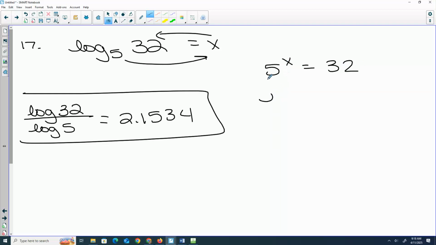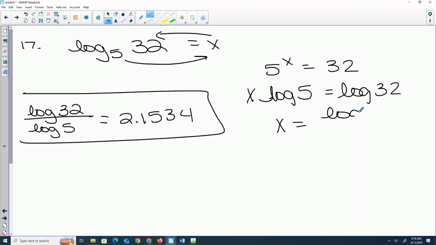What would we have to add each side? Log. And then the exponent comes down. And then you just divide. So we get to the same point. That's where the change of base formula comes from. But if you forget it, just set it equal to x, change it to an exponential, and solve this.